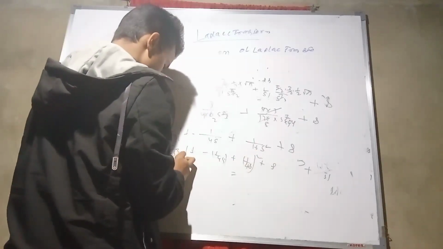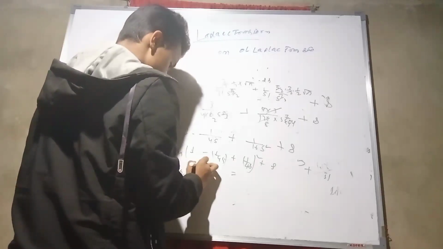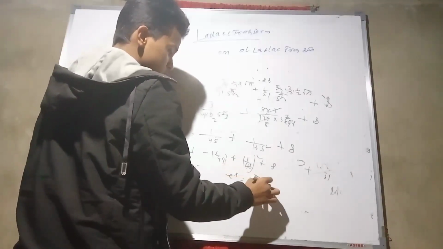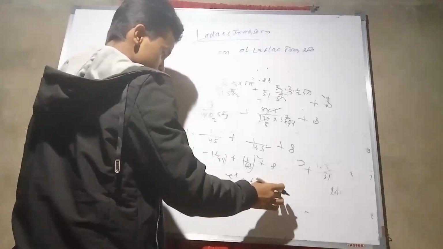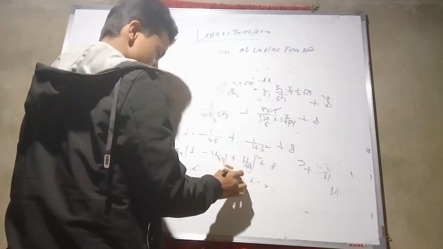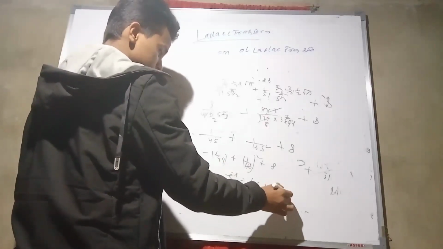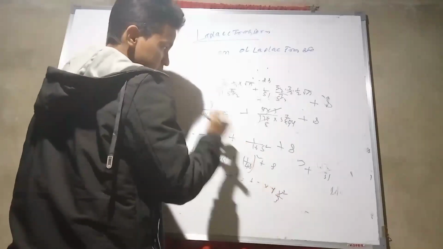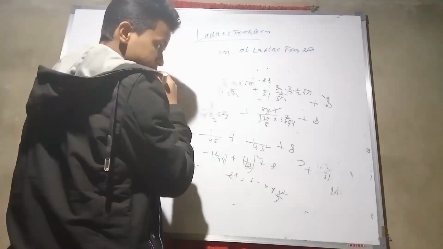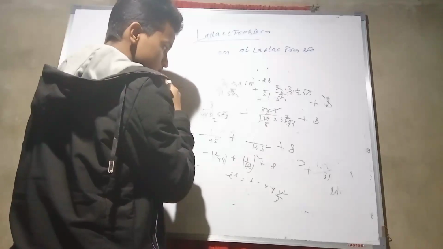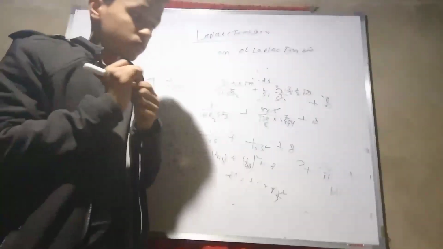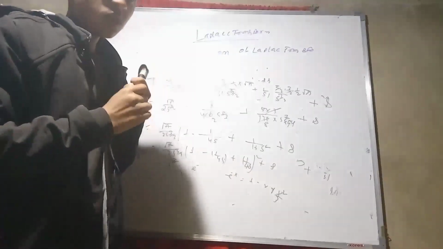That gives us root pi upon 2 s to the power 3 by 2 times e to the power minus 1 by 4s. This is the exponential series. We know that e to the power minus x equals 1 minus x plus x square by 2 factorial minus x cube by 3 factorial, and so on. With x equal to 1 by 4s, you can get it.